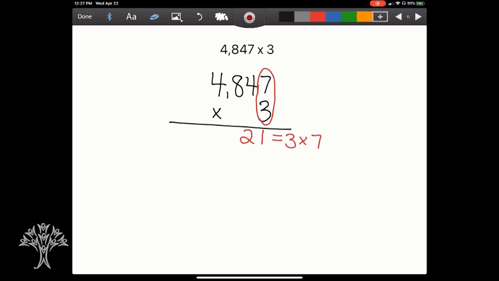My next one would be 3 times the 40, which gives me 120. 3 times 4 is 12. Look at that place value of the 0 there. I've got 3 times 800.